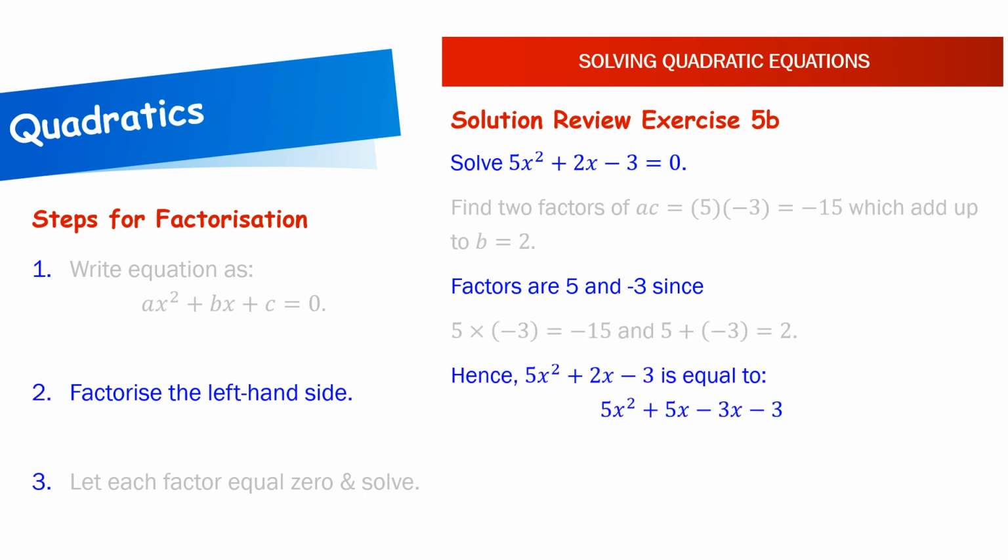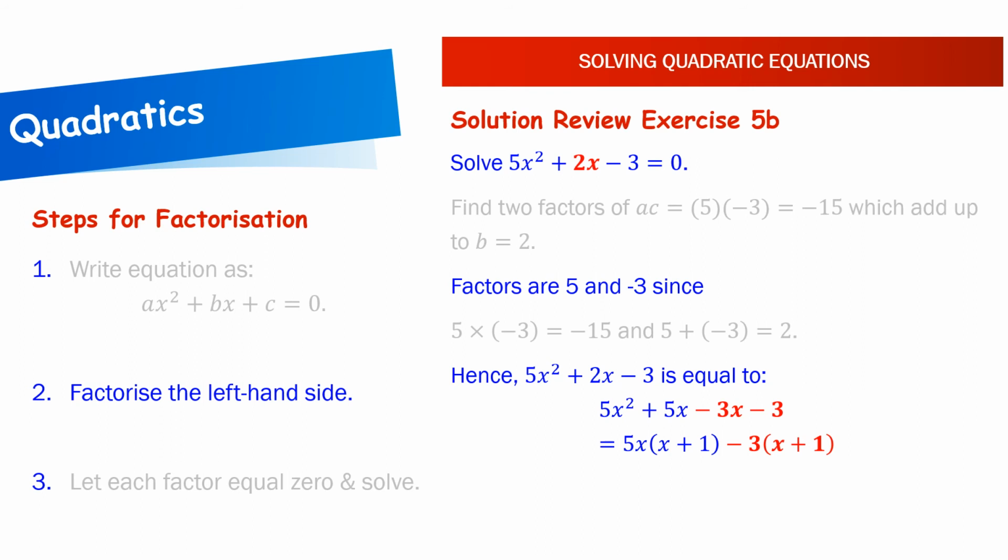And therefore, we can rewrite 5x squared plus 2x minus 3 as 5x squared plus 5x minus 3x minus 3. And then we can factorize the pairs. So we have 5x times x plus 1 minus 3 times x plus 1.